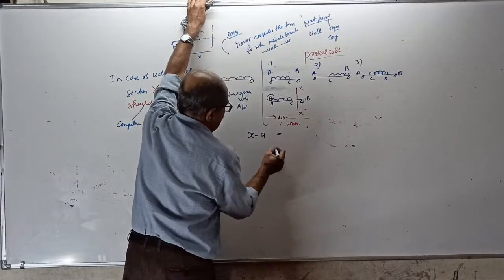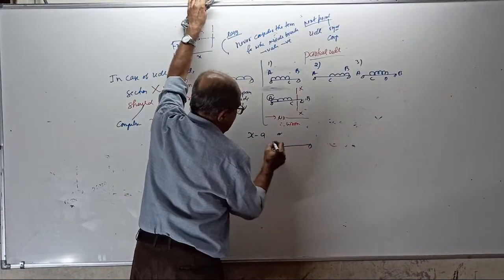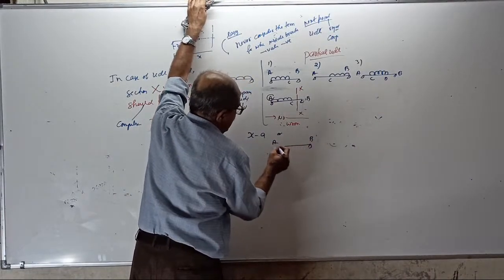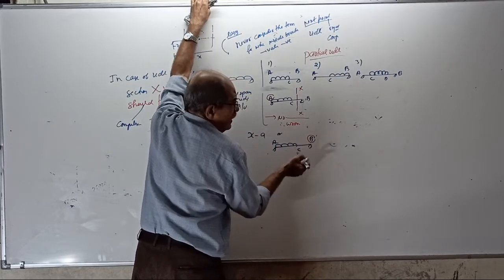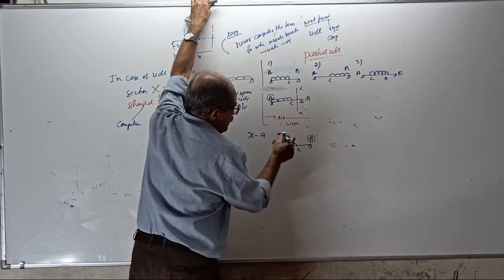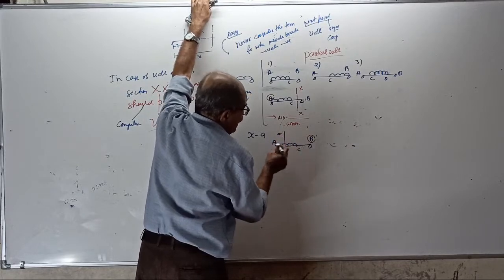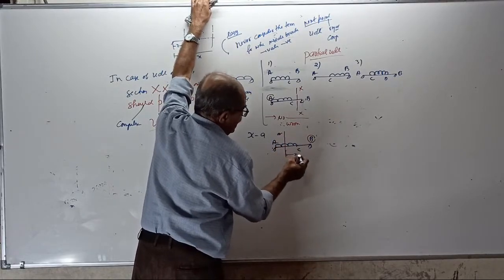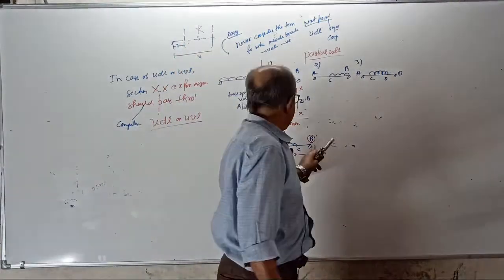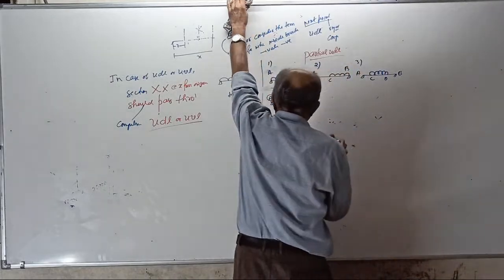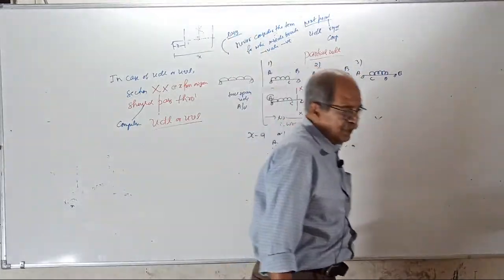Suppose for this question, this is A, this is B, this is a UDL, this is C. If I take B origin, section XX should be between the last 2 points on the other side at x from here. Now, will it pass through UDL?